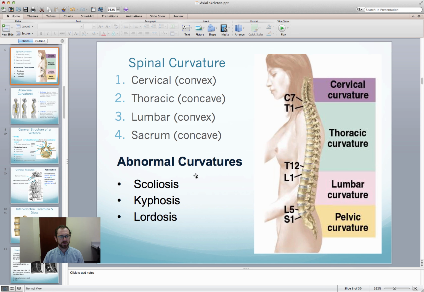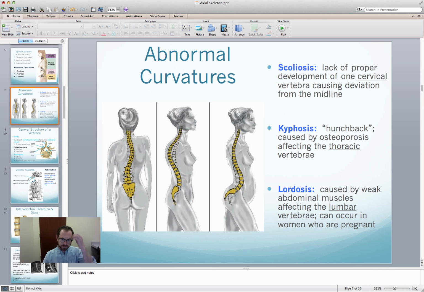Now you can form some abnormal curvatures, and those are indicated here. Scoliosis is shown on the left, and this is due to a lack of proper development of one of your cervical vertebrae, and this causes the vertebrae to deviate from the midline.